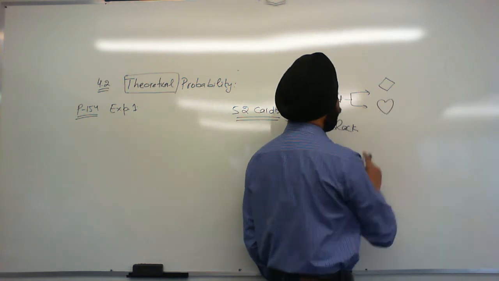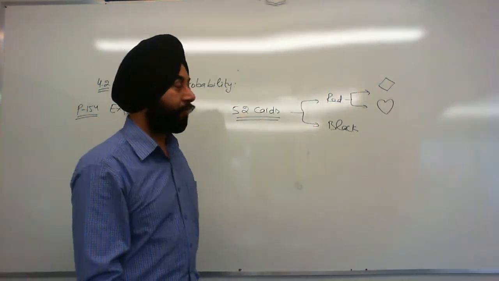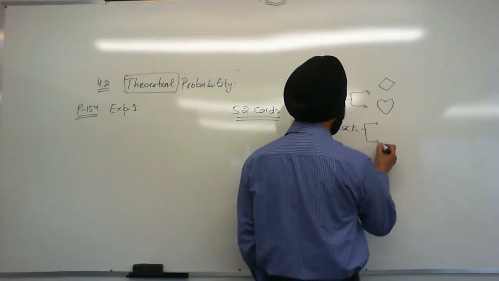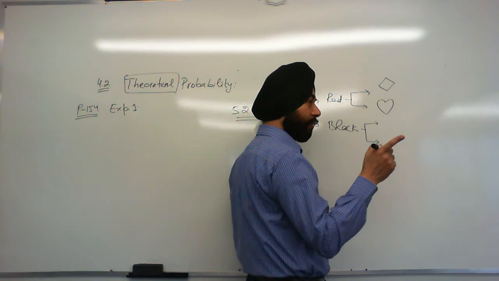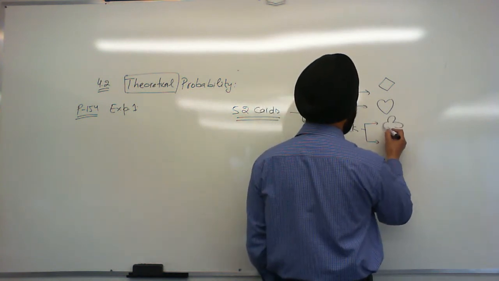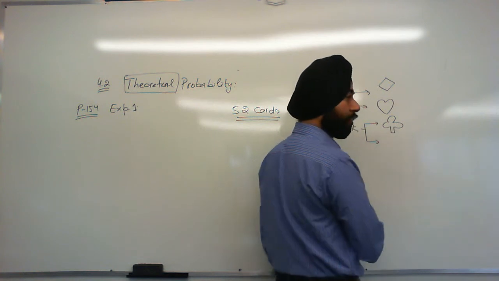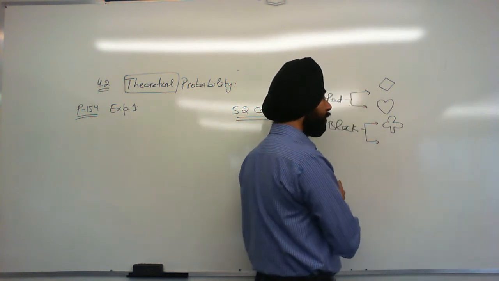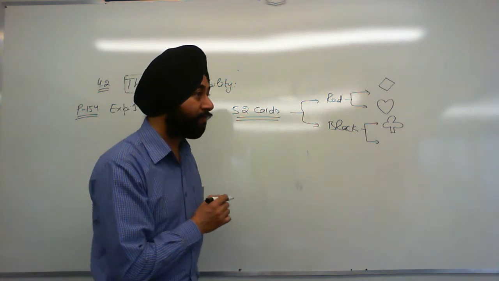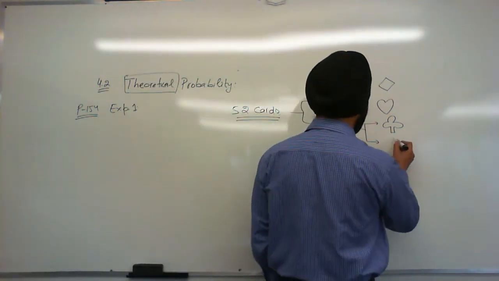So they're both red, right? Okay, now the black ones. One of them is, you said? Club, okay. It looks like this, right? And what's the other one? Spade, okay.